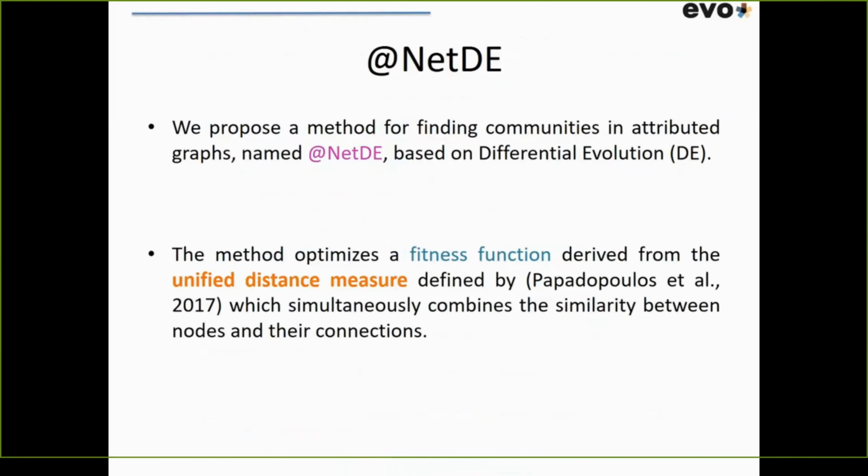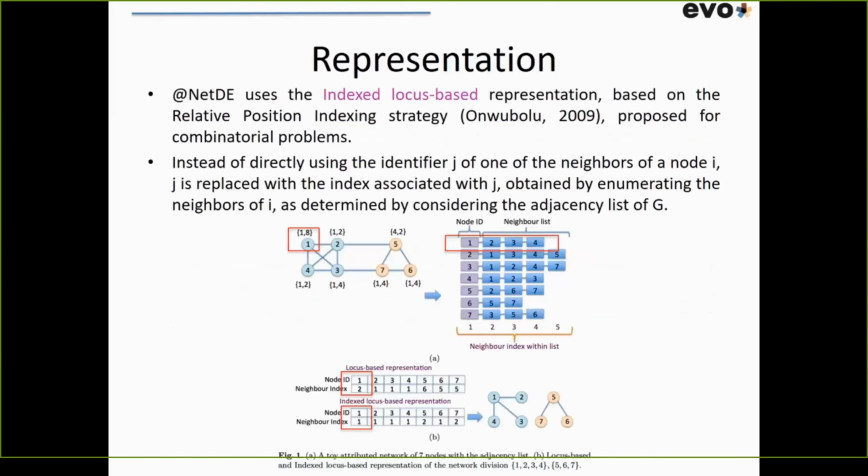In our work, we propose a community detection method for attributed graphs named AtNetDE, which is based on the previous general differential evolution schema. The method exploits as fitness function a function derived from the unified distance measure, which combines attribute similarity between nodes and their links.